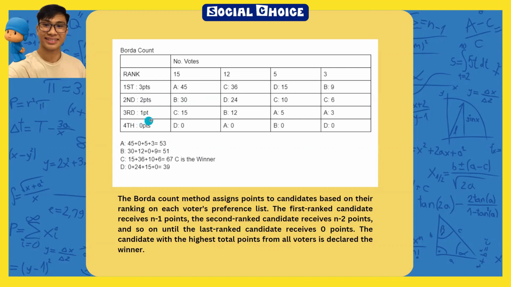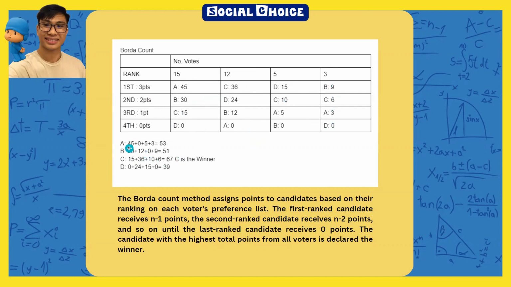So letter C naman, makukuha niya yung 1 times 15 kasi third place lang siya. So makukuha niya yung 15. Tapos sa fourth place naman, si letter D, makuha niya yung 0 times 15. Kawawa naman si letter D, so makuha niya lang 0. So apply lang yan sa ibang columns.